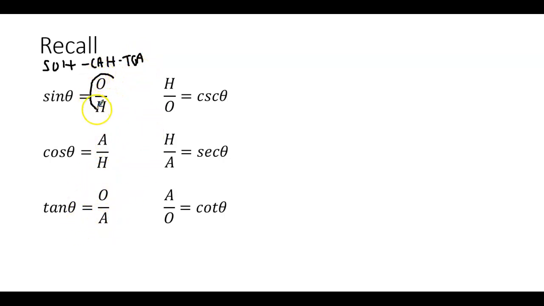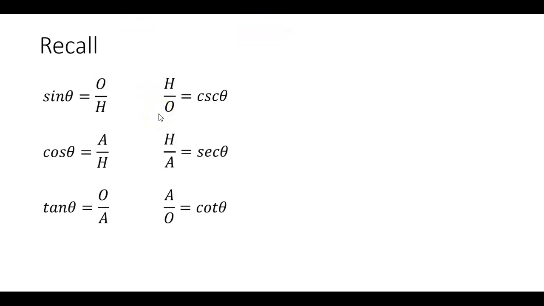And when you take these fractions and flip them over, you get the reciprocal trig ratios. The reciprocal of sine is cosecant, the reciprocal of cosine is secant, and the reciprocal of tangent is cotangent. And so those are our 6 trigonometric ratios we've already learned.